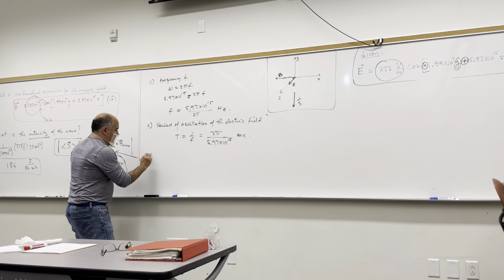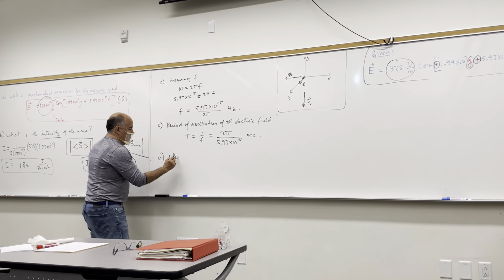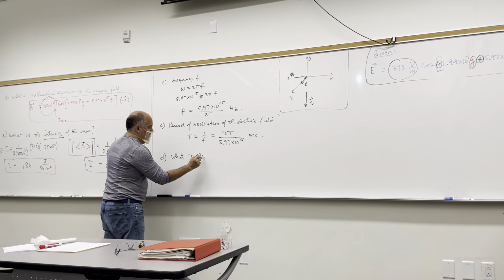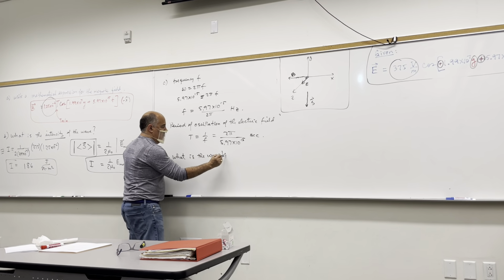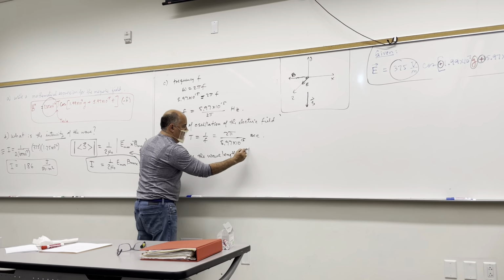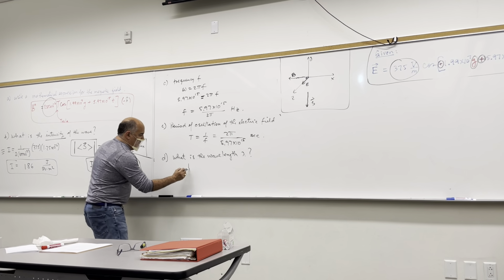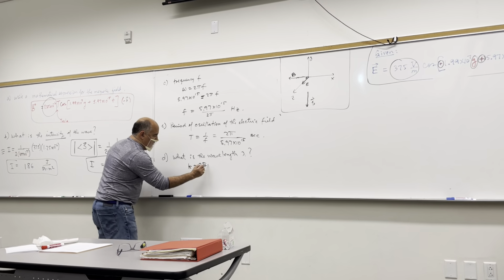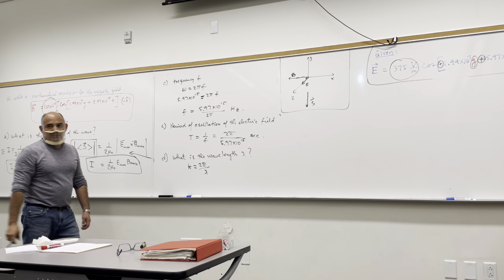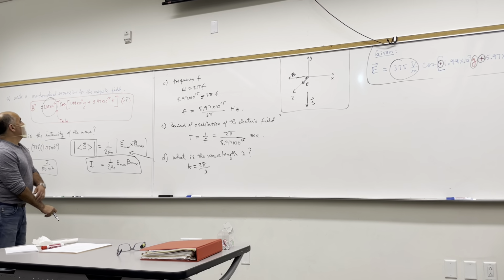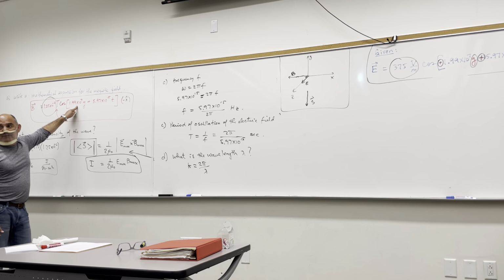What's the wavelength of that electromagnetic wave? Well, we have that the wave number is 2 pi over lambda. But what is the wave number? This one multiplies the space variable.